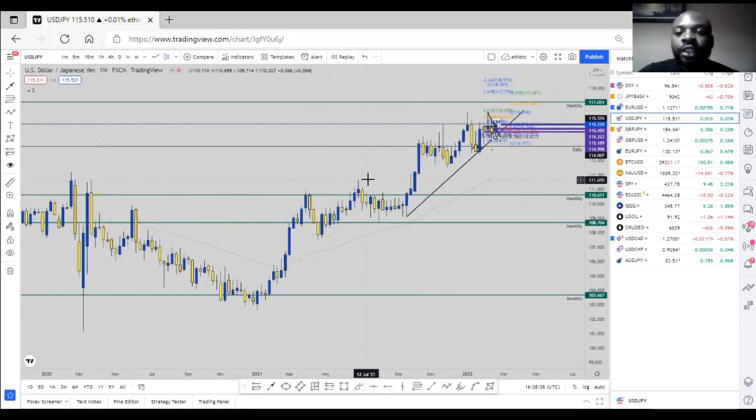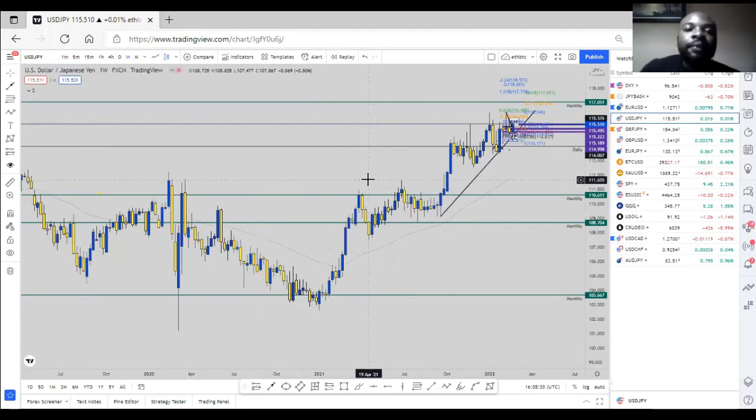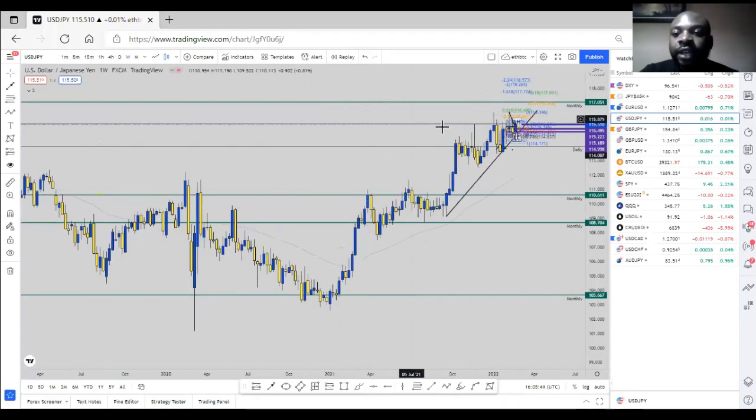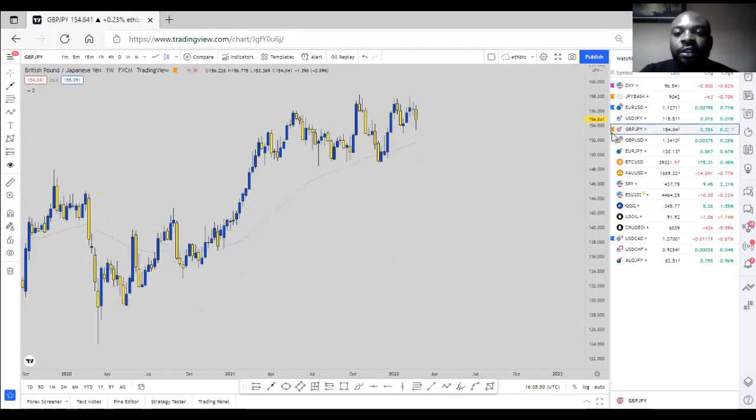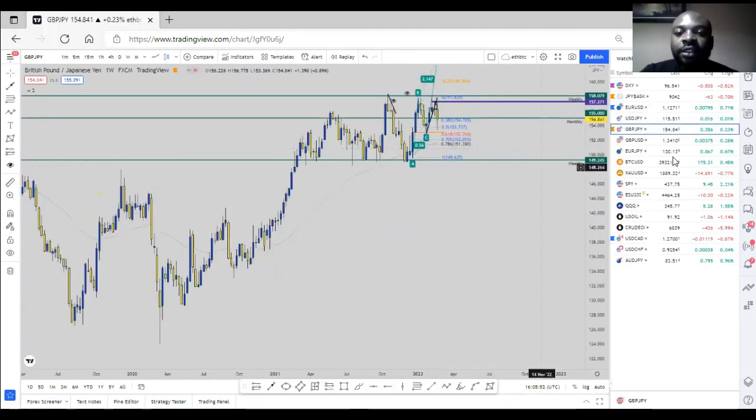So I expect that the safe haven assets are going to rally because we're in a risk environment right now. So you see this happening, long-term bullish, all of this long-term bullish.